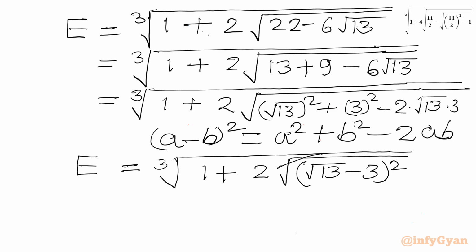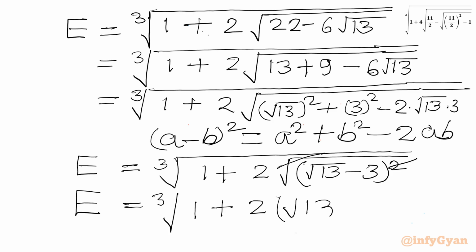Now square root and square will be over. So expression E will become cube root of 1 plus 2 times in bracket root 13 minus 3.